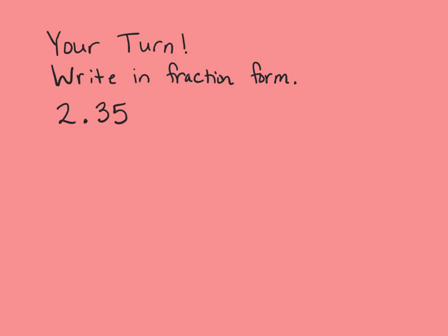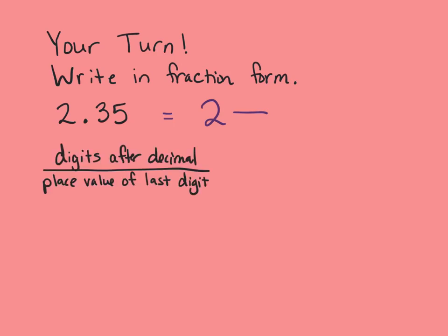Okay, so you'll notice there's a number in front of the decimal. So everything in front of the decimal, you'll write in front of your fraction. Then to get the fraction part, remember you take the digits after the decimal, 35, that's your numerator, and then take the place value of the last digit.